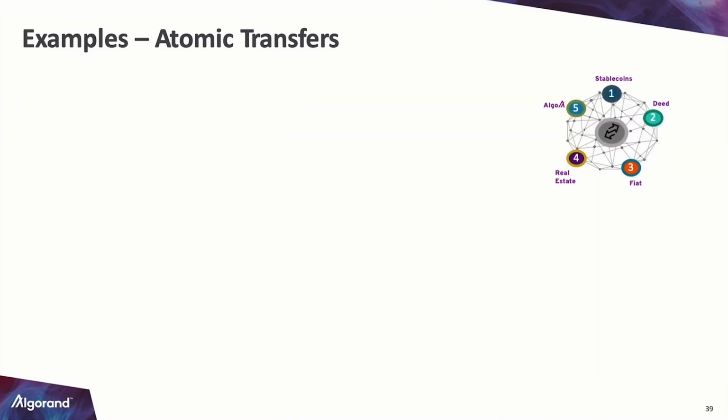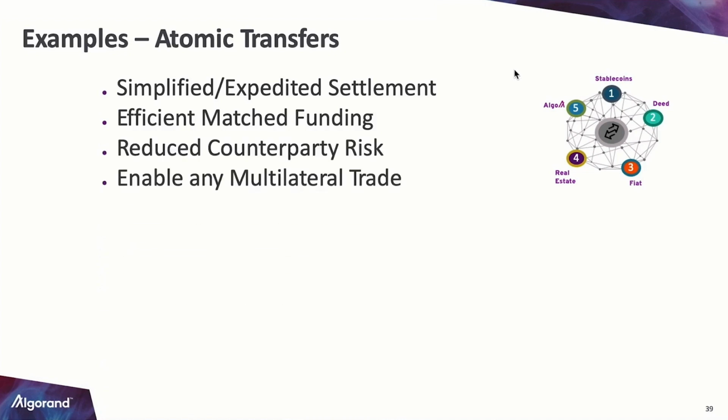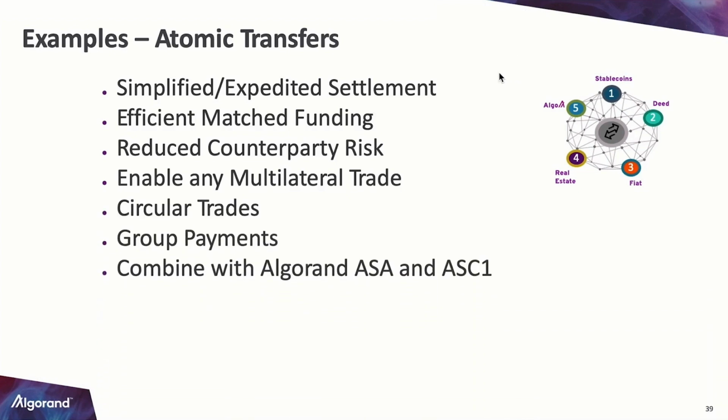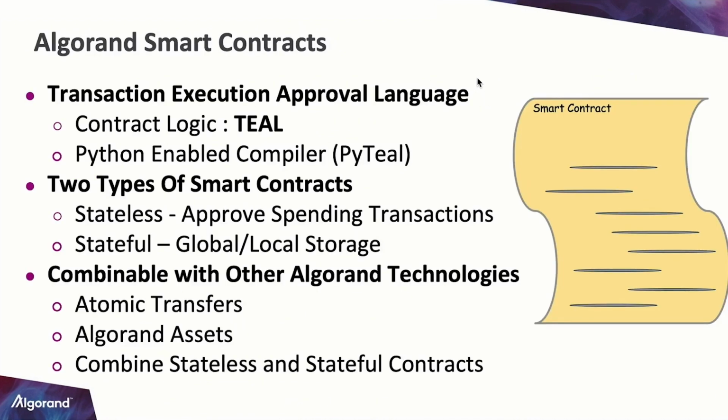Examples for atomic transfers might be simplified expedited settlement, efficient matched funding, reduced counterparty risk, enabling any multilateral trade as well as circular trades and group payments. And you can combine these with ASA or smart contracts, which we'll talk about next. It's a settlement for complex and multi-party transactions and distributed payments.